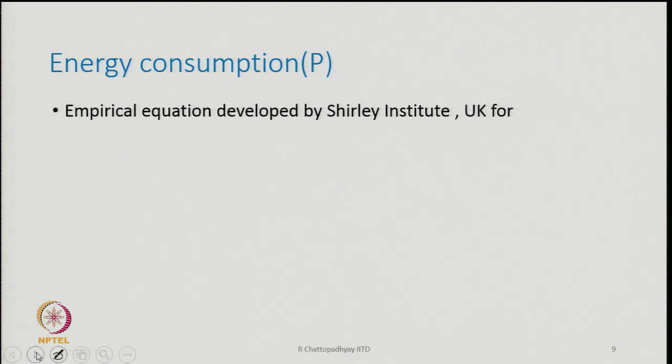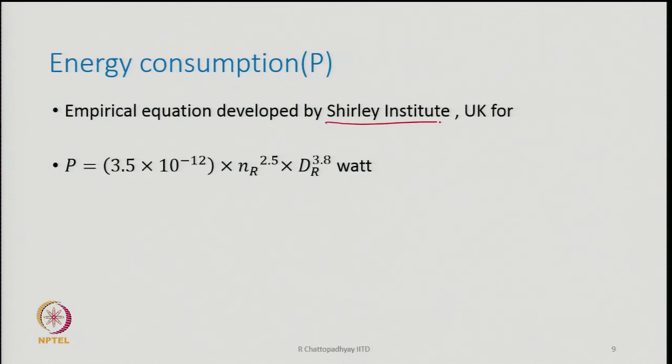So, there is an empirical formula which was developed by the Sirsi Institute, UK, long ago, and this formula states that the power consumption in terms of watt is 3.5 into 10 to the power minus 12 into nr to the power 2.5 and dr to the power 3.8.